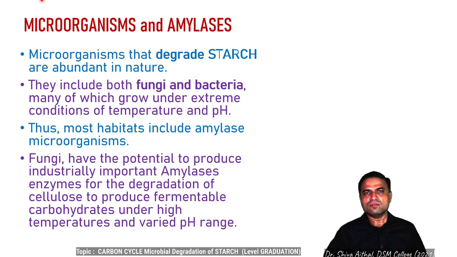Just like that, fungi also have the potential to produce industrially important amylases, and for degradation of the starch to glucose, just like cellulose to glucose, starch to glucose, polysaccharides to carbohydrates under high temperature, high pressure and varied pH, this process is exploited in the industries.